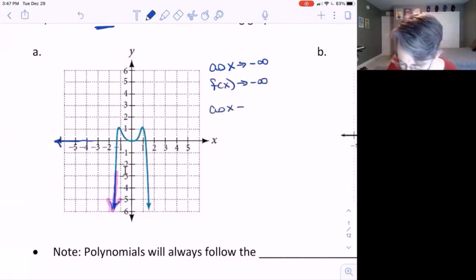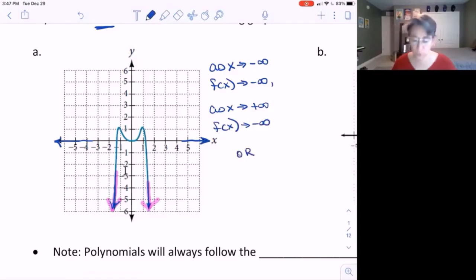Then as x is approaching positive infinity, in other words, x is going out this way, as x is getting larger, our y is also approaching negative infinity. Since they're both approaching negative infinity for your y values, you could write it as x is approaching positive or negative infinity.